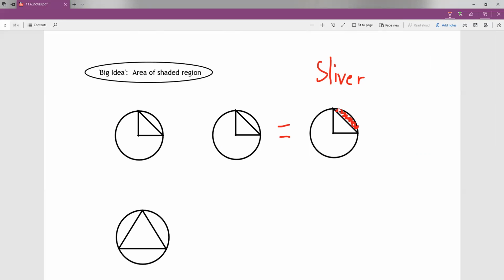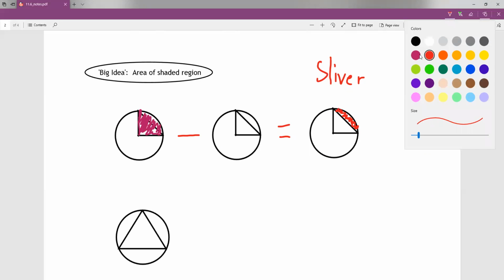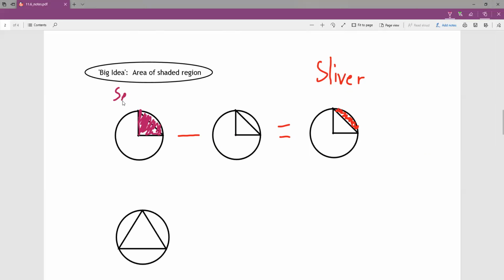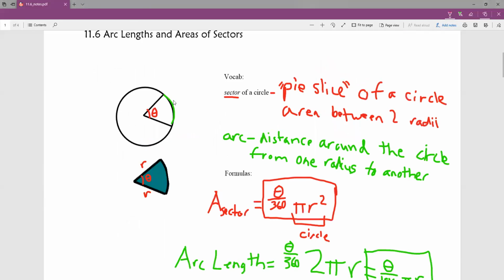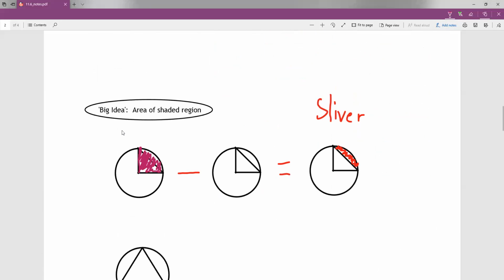So in order to find this little sliver that's cut off by a triangle inside the circle, what we have to do is find the area of the whole sector here. So all of this area, we have to find all that area. Then we have to subtract out. Oh, so this is the area of the segment, or sorry, not segment, the area of the sector. Thanks. I lost my words there for a second.